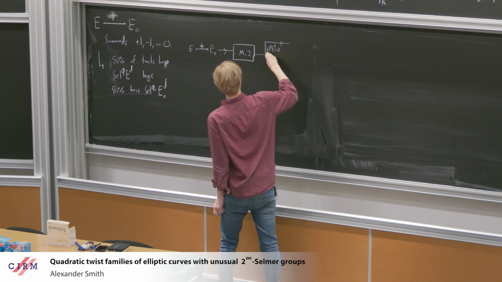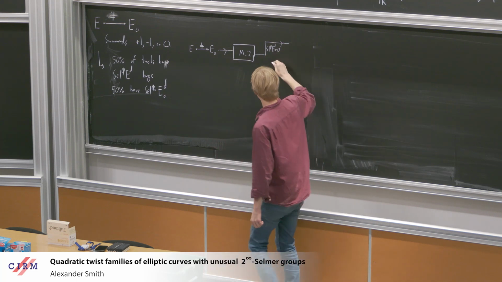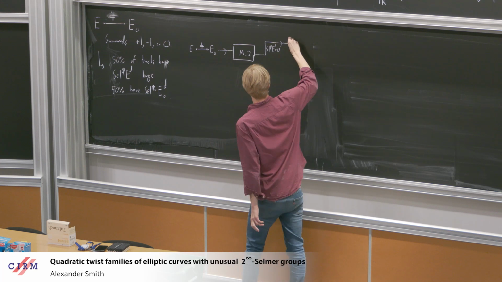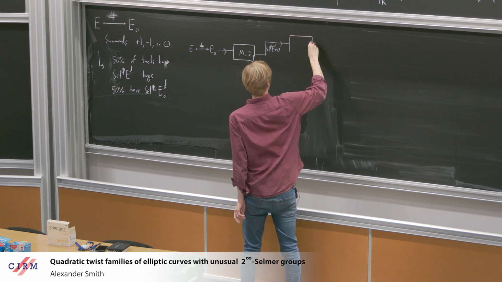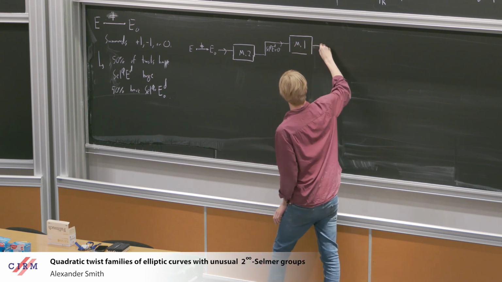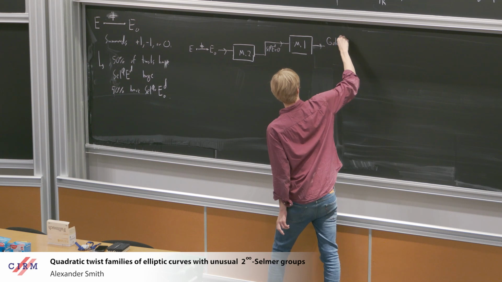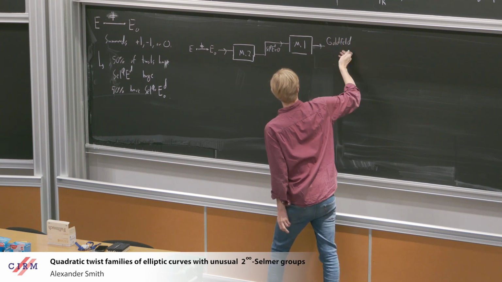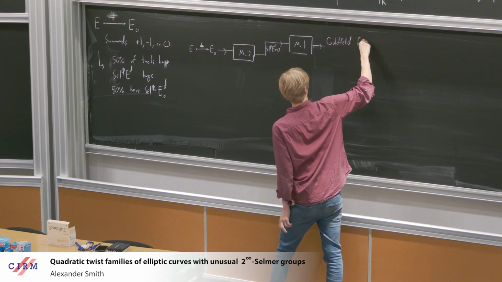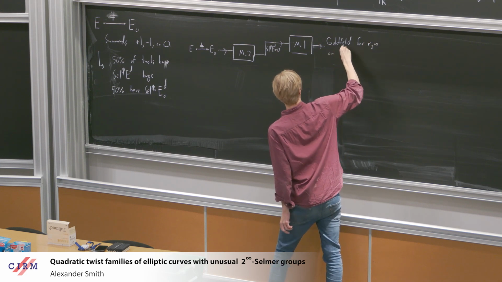And we can look at the twists where this condition is satisfied as a subfamily of twists. That's a nice family where the 2-Selmer groups are nice. So we plop them into machine 1. And what we get is Goldfeld, or Goldfeld for the 2^∞ Selmer ranks, on this subfamily.